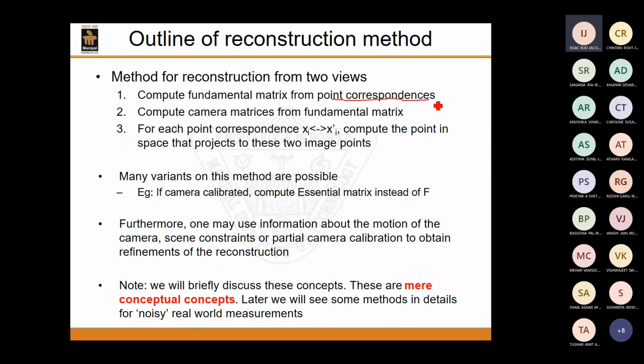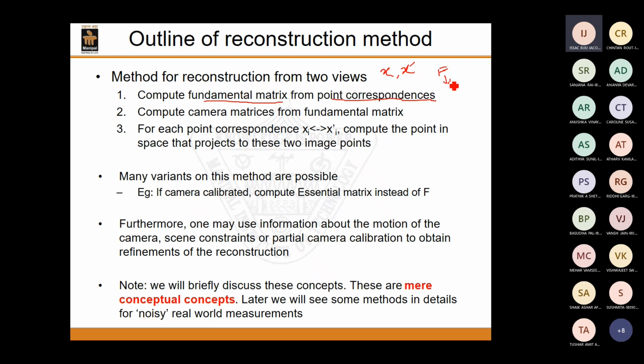Given the point correspondences, let's say the points we are considering are x and x dash, if these are the point pair correspondences, then from this we first calculate the fundamental matrix, which is given by capital F. After we find this capital F, from this we can find out the camera parameters, because as I said earlier, the fundamental matrix contains the camera parameters also.